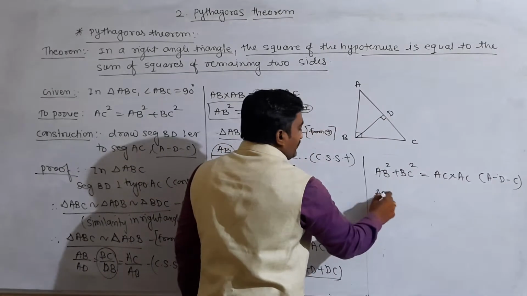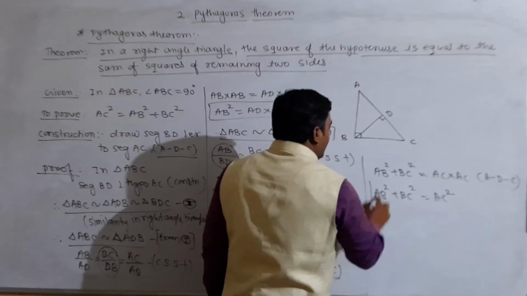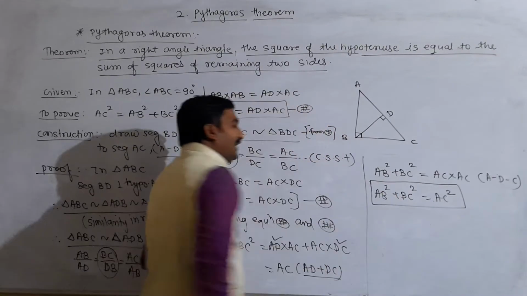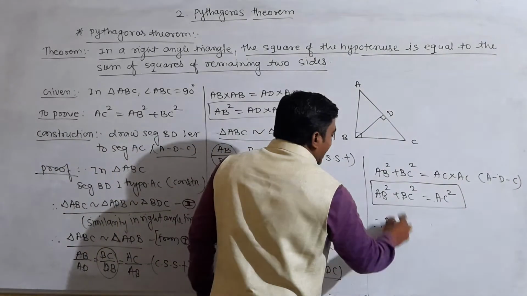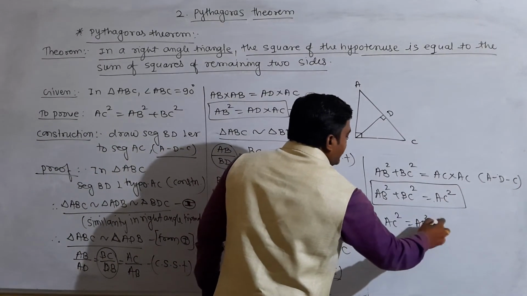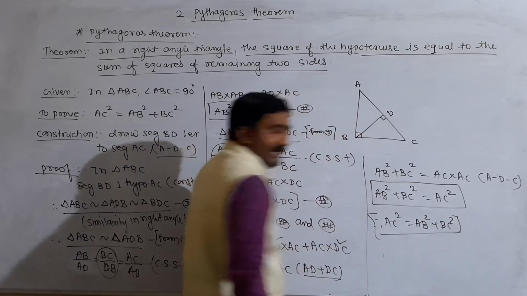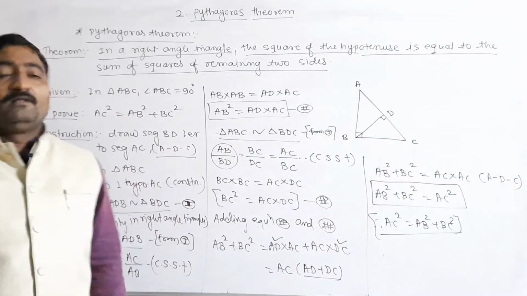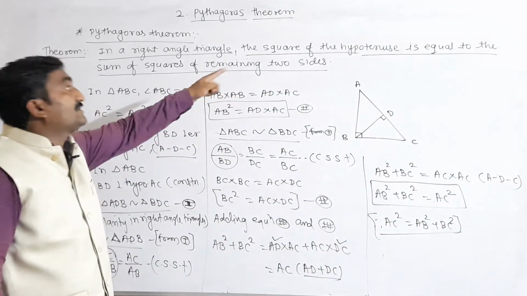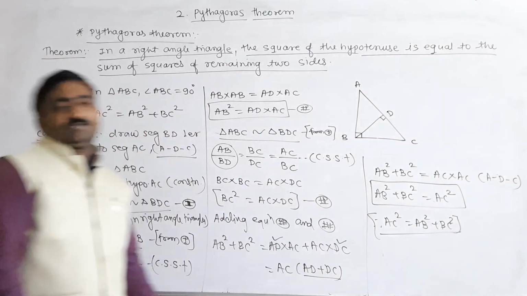So AB square plus BC square is equal to AC square. So it is the proof. Therefore AC square is equal to AB square plus BC square. It means in a right angle triangle the square of the hypotenuse is equal to the sum of squares of the remaining two sides.